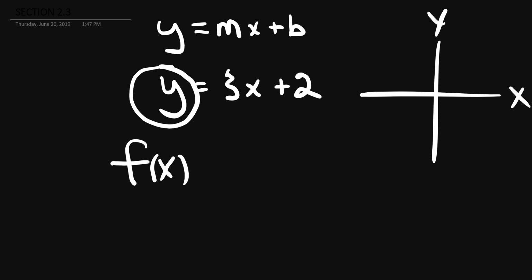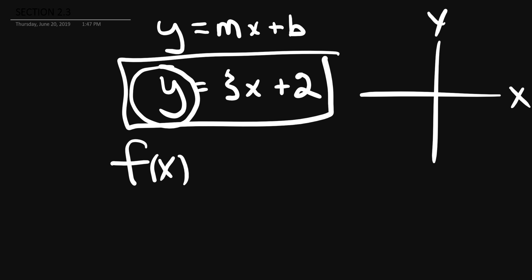Because when I replace x with a number, it results in y using this equation. And now this function notation allows us to specifically say what value for x we're going to use in this equation. So if I have f of x equals 3x plus 2, then that's correct.